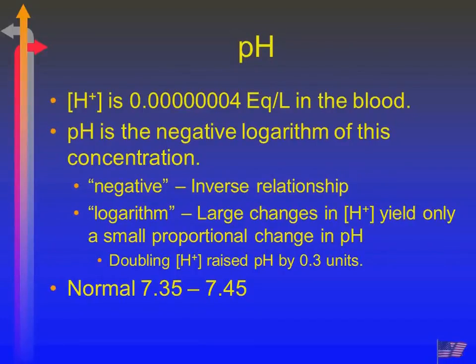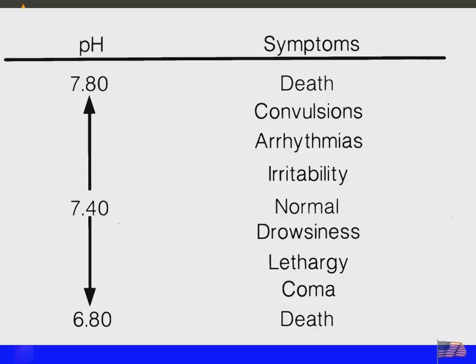It's a negative relationship because as the concentration goes up, the pH falls. The normal pH in the arterial system is 7.35 to 7.45. Profound acidosis or profound alkalosis will cause death, so we try to keep it in a very narrow range.